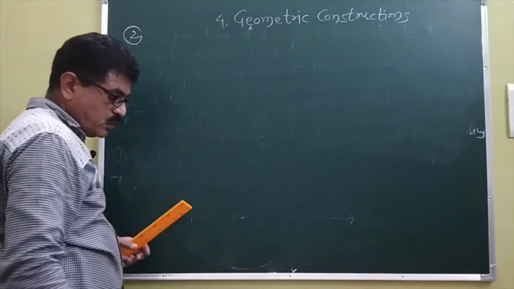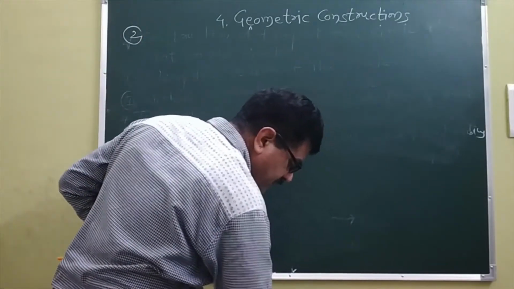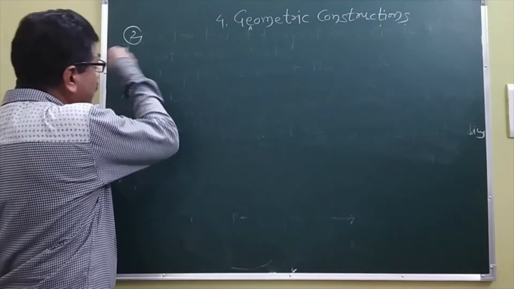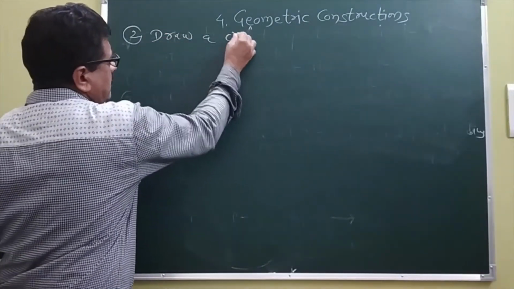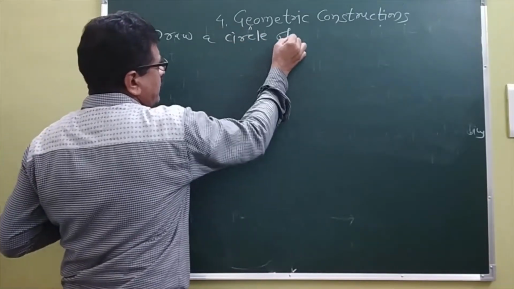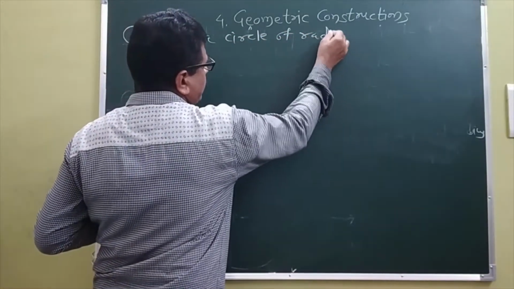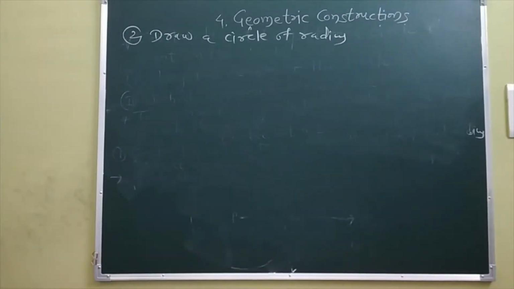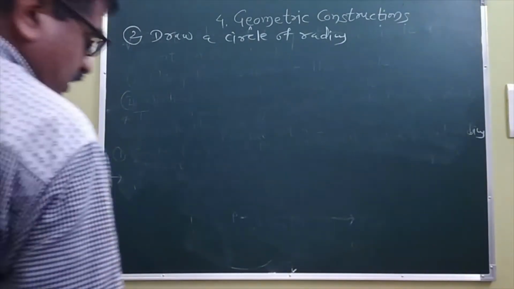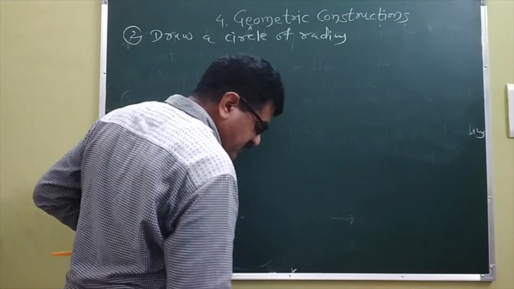Now question number 2. Draw a circle of radius 2.7 centimeter.